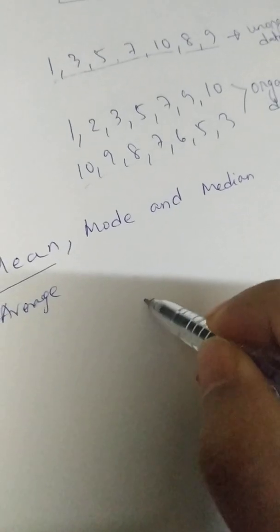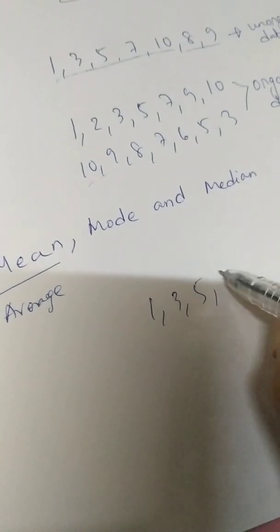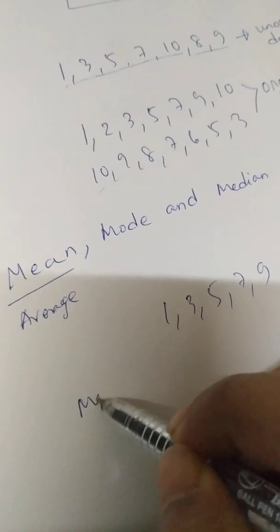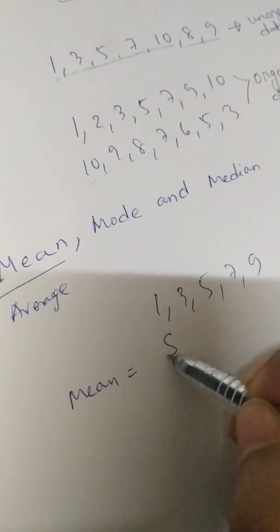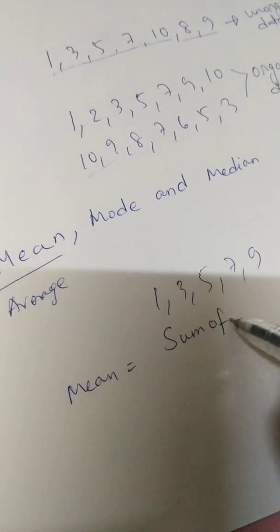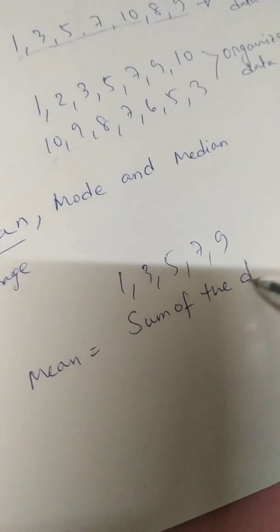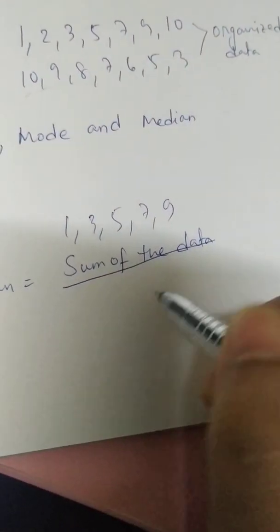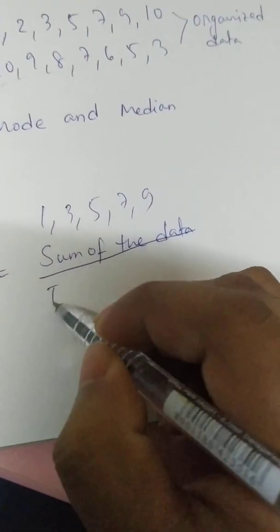Suppose I have different data: 1, 3, 5, 7, 9. How to find mean? Mean equals the sum of the data divided by the number of data.